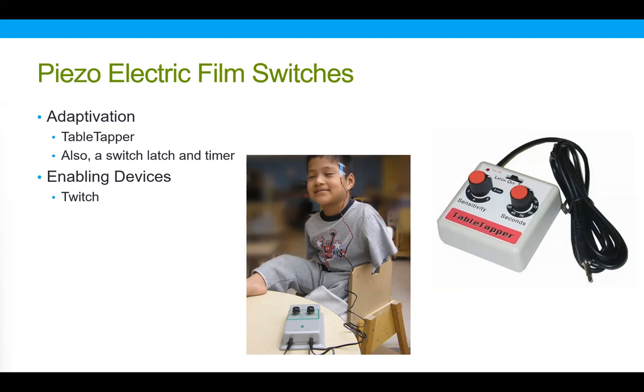It takes a lot of calibration. If I can make something else work that's more straightforward for the family and other team members, I will, because we don't want to hear that this young man hasn't been using his technology for the last 6 months because no one can figure it out. These have a battery inside, and it's important that that get changed out as well. If it does not, then it's easy for people to assume the switch is broken when it just simply doesn't have power.